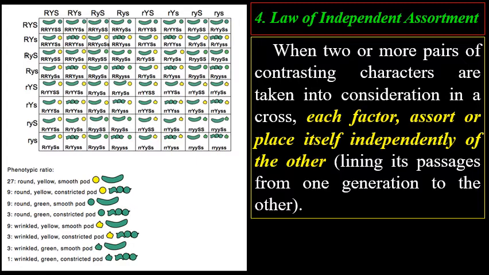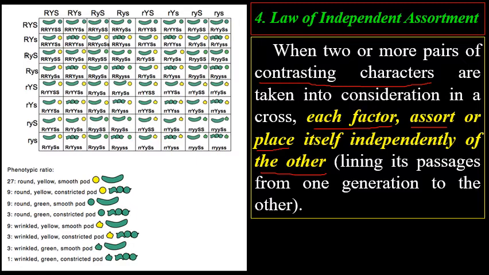That means the fourth law, that is the law of independent assortment: when two or more pairs of contrasting characters are taken into consideration in a cross, each factor assorts or places itself independently of the other, in its passage from one generation to the other.